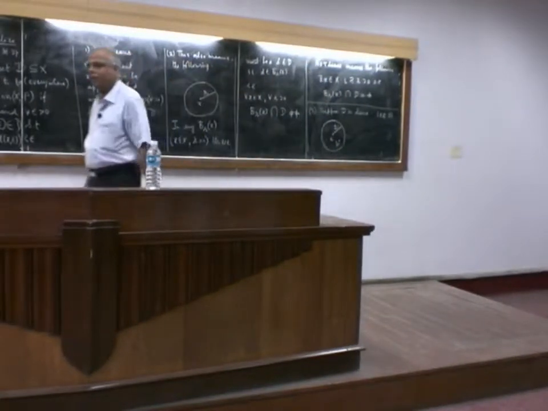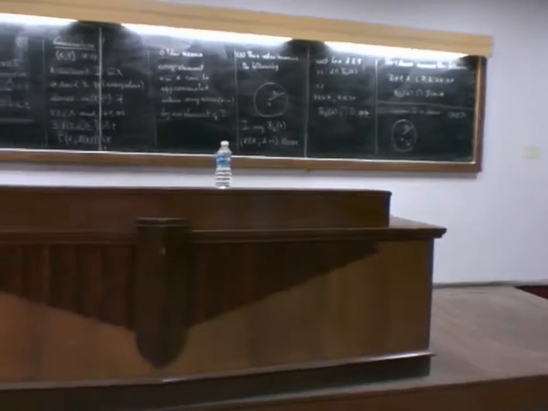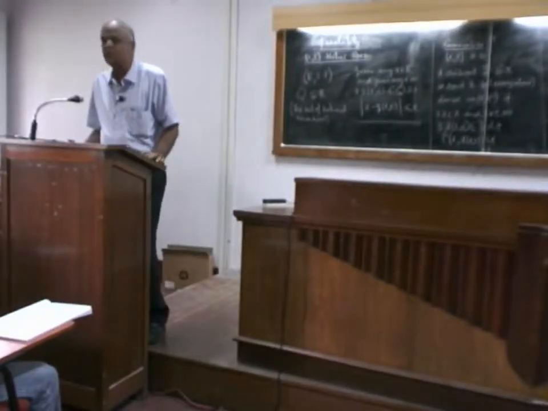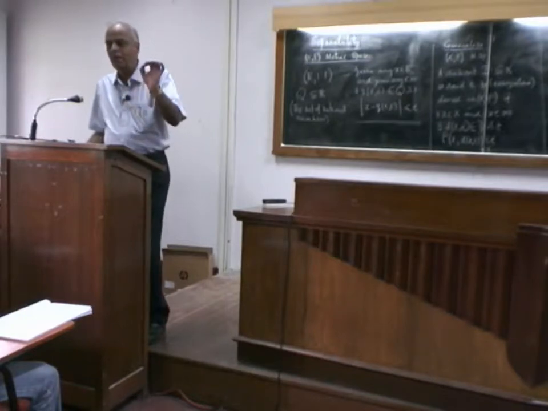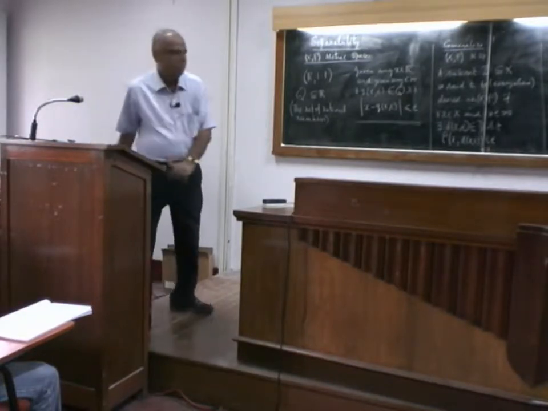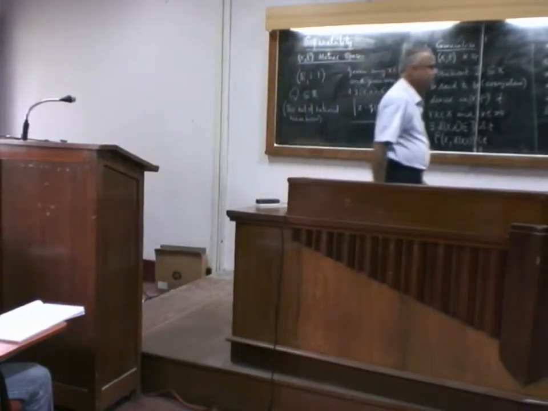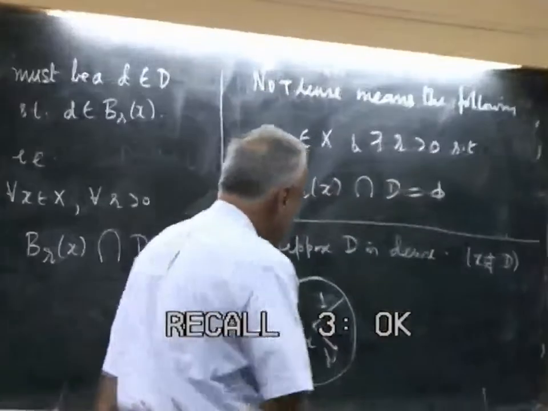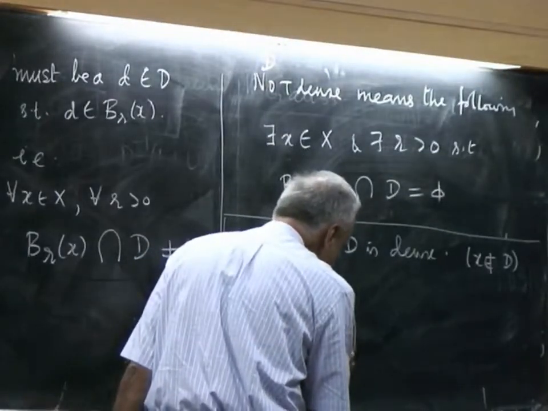There will be an element of D inside that, and this element of D will be different from x, because x is not in D, so this element of D will not be sitting at the center. If it is not sitting at the center, then this distance must be positive. Call it some R1.